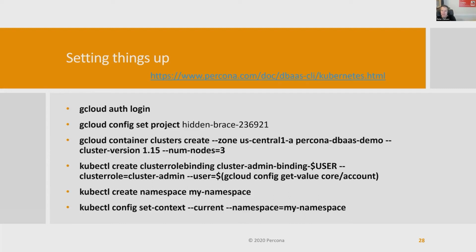The next step, we are creating a cluster. In the case of Kubernetes, at least, we need a minimum of 3 nodes to deploy Percona XtraDB Cluster. Then we have to create an admin role, in this case for us to manage that cluster.